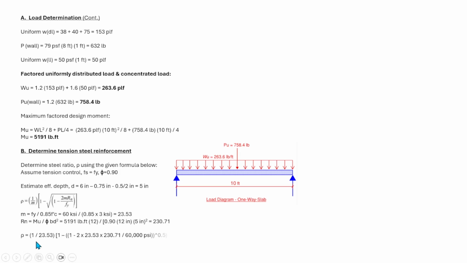So the steel ratio, after we substitute all these values to this equation, you will have 1 minus 2 times m times Rn over Fy. Then you have to take the square root of this part here. Then you will get the value of the steel ratio of 0.00404.